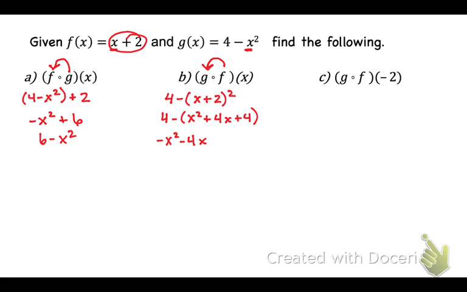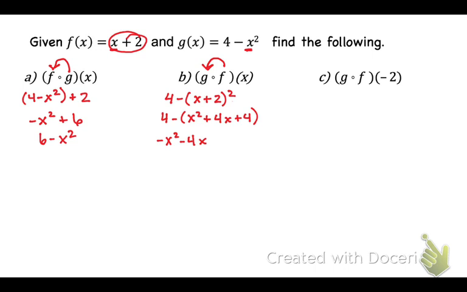Sam, you good? Did you get it? Alex, you get it? Okay, did you do this first step right? Did you foil this x plus 2? Did you foil that out, or did you just write x squared plus 4? I got x squared.